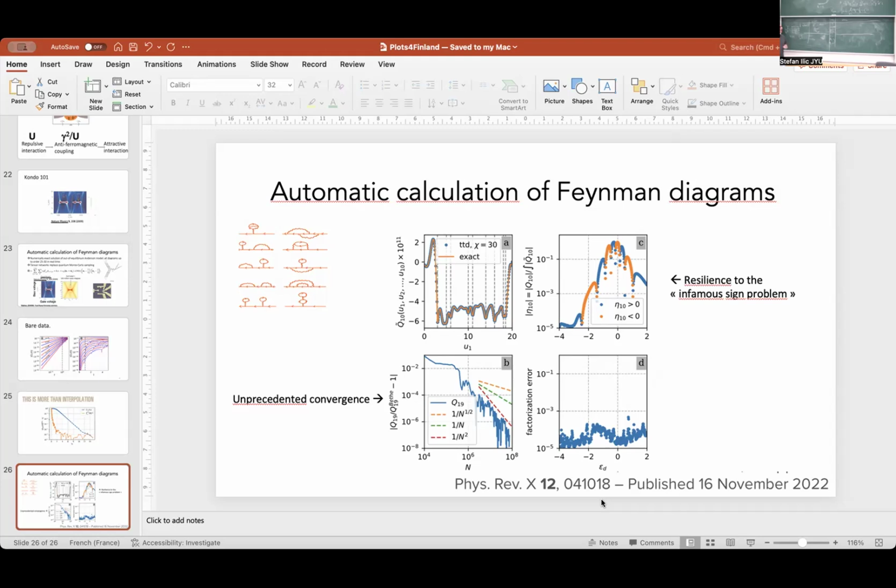Now, VMC, what do you do in VMC? Exactly the same thing. You have a function psi of r, where r is typically, for instance, the occupation of the first orbital and the occupation of all the orbitals. And you give yourself a function parameterized by parameters theta, the same way you do for VQE.